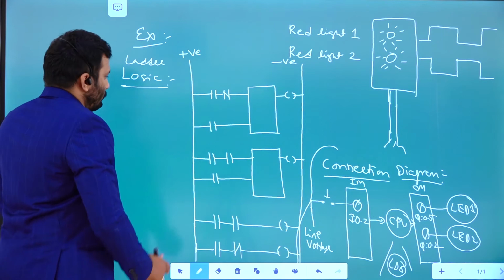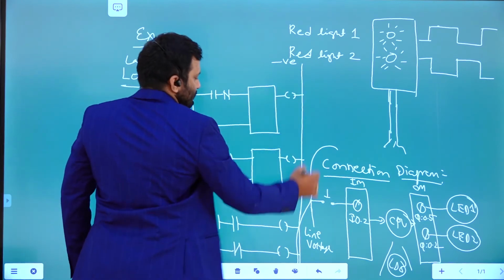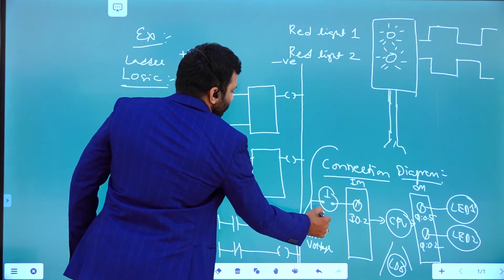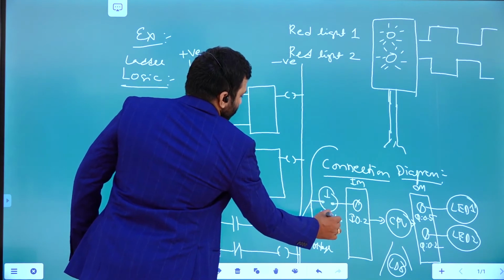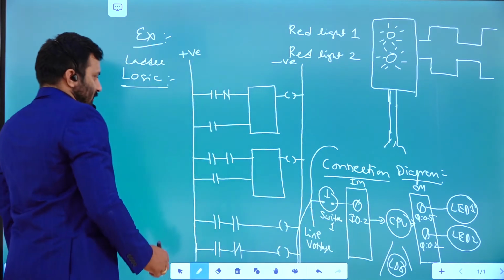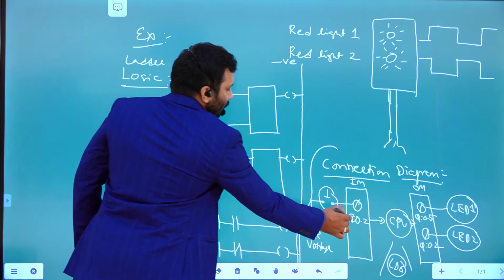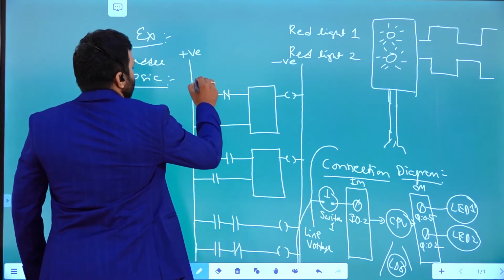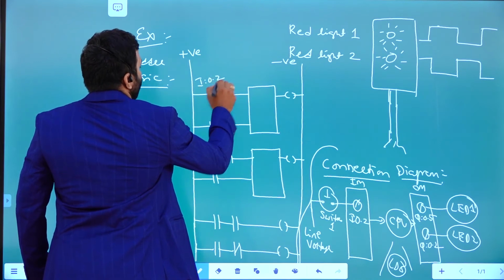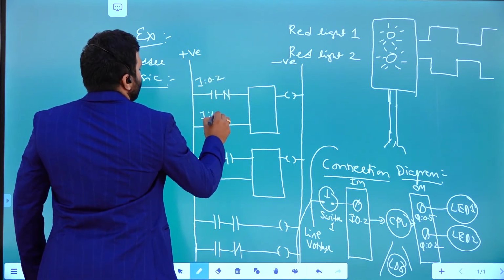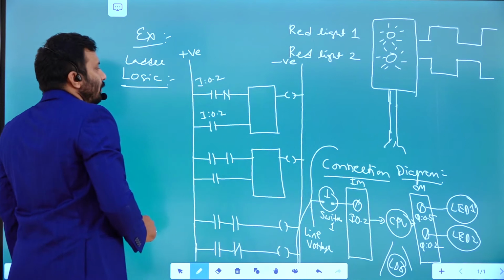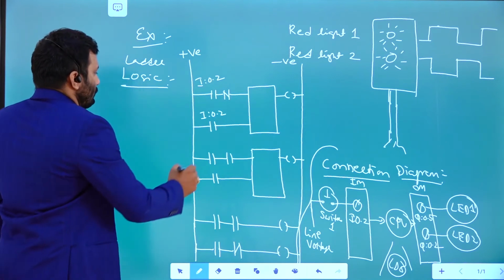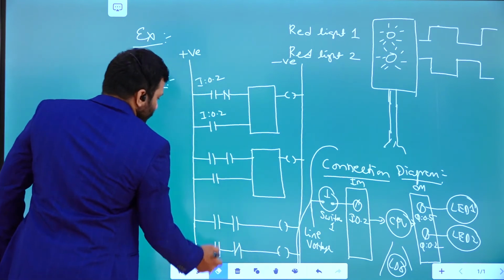See here, whenever this switch is on, that switch is connected to which terminal? I 0.2. So that is I 0.2. Here also I 0.2.